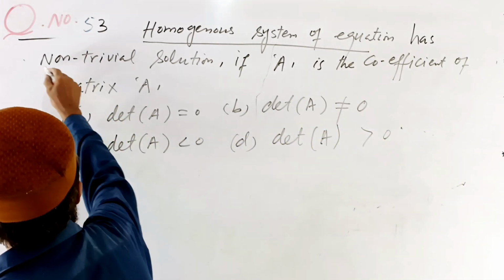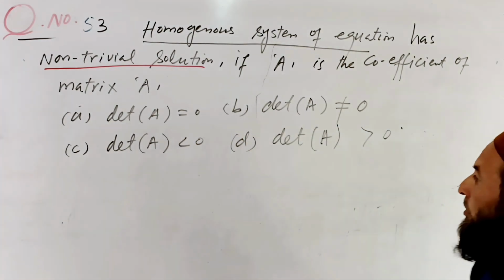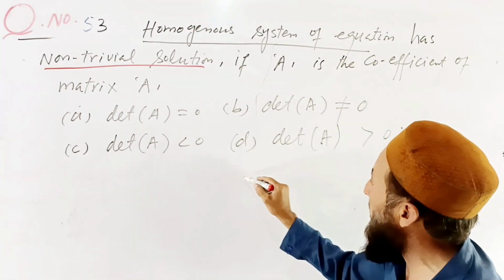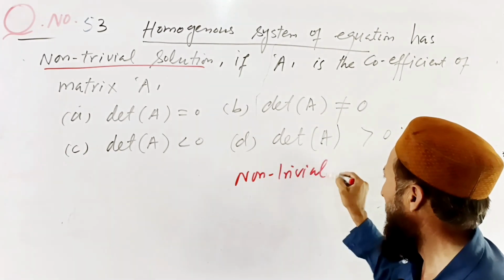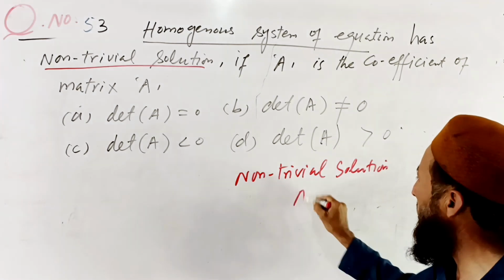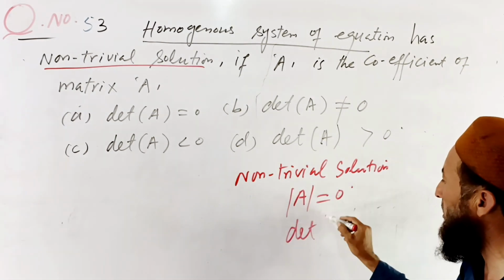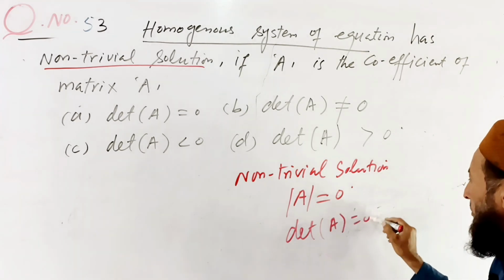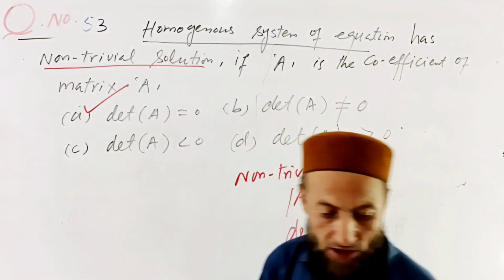Non-trivial solution means that the determinant is equal to 0. So this is the definition of the non-trivial solution. So the determinant of A must be equal to 0. So the first option A is the correct answer.